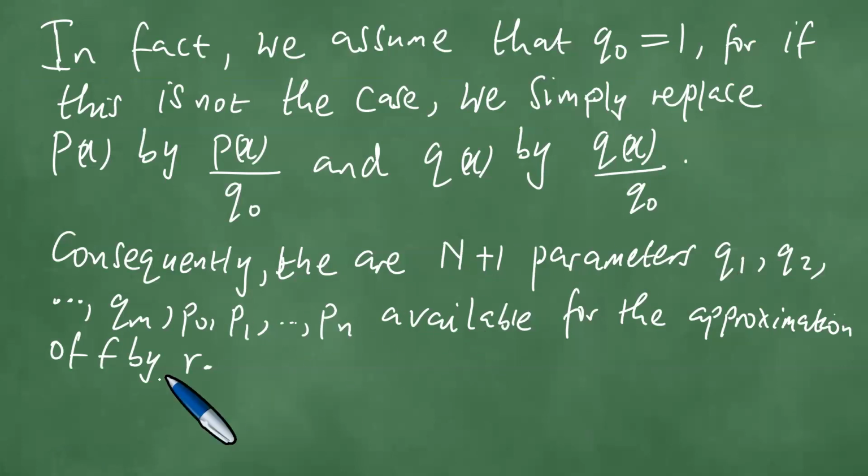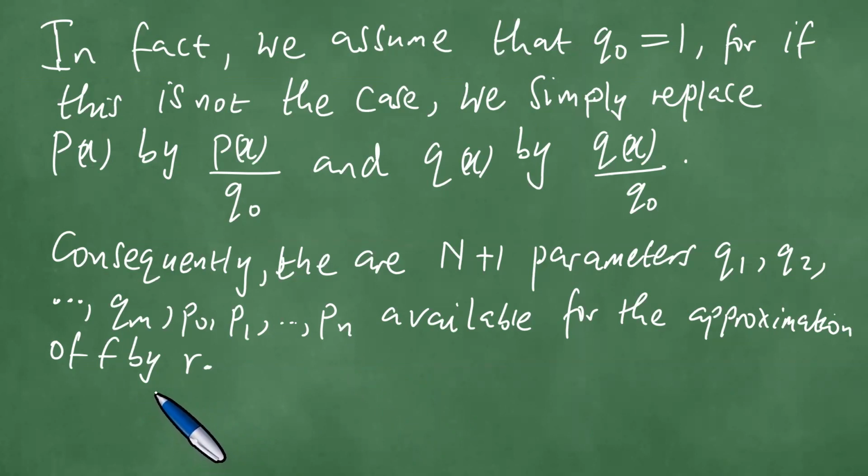Consequently, there are n plus m parameters, namely Q1, Q2, up to Qm, P naught, P1, up to Pn, available for the approximation of f by R. Okay, we shall understand what this means.